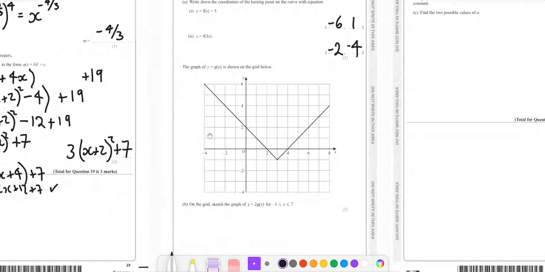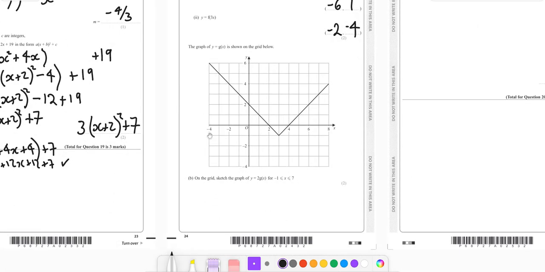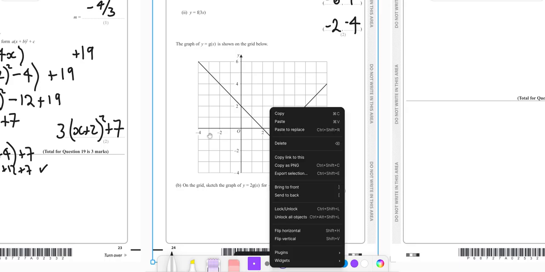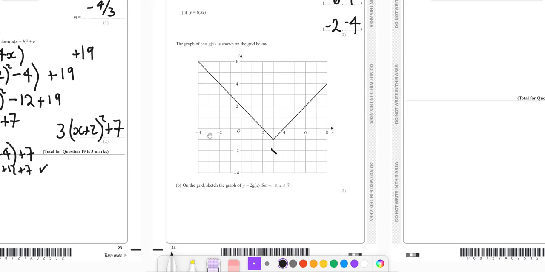Okay, on the graph, g of x is shown. Sketch the graph of 2g of x. So 2g of x means we've elongated everything away from the x-axis. We've doubled all the y values. So let's pick the nice ones. That one's going to be there. That one's going to stay where it is. That one's going to stay where it is.